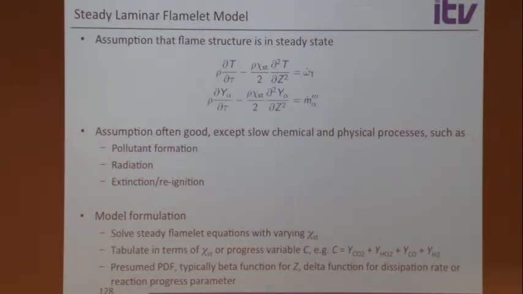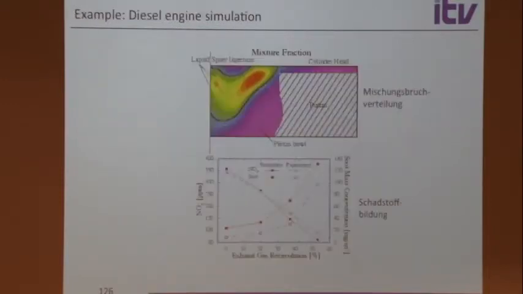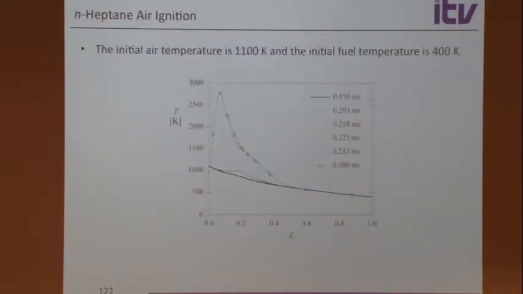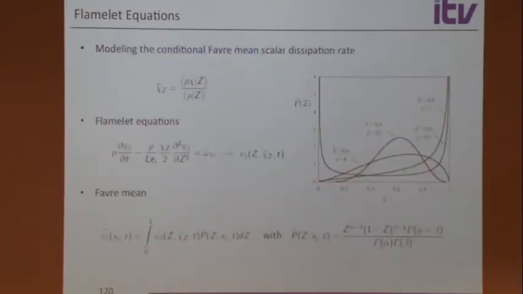And again, what you would do here is, let's say, 50 different simulations for different dissipation rates. And that gives you then the temperature as function of dissipation rate and mixture fraction. And then you would evaluate here, let me just go back and show you the equation. This equation here again.